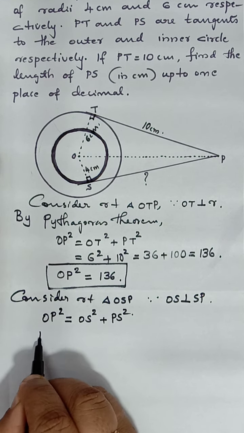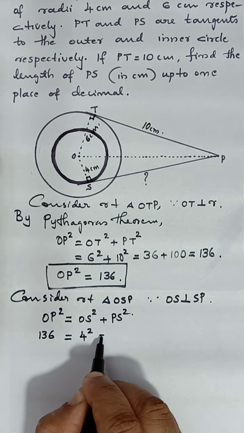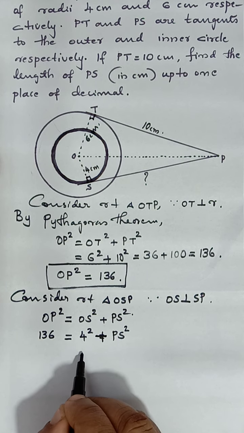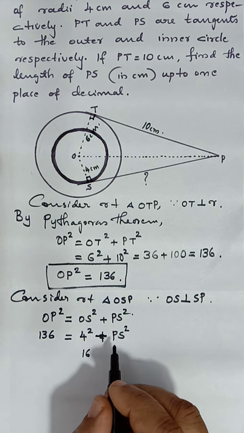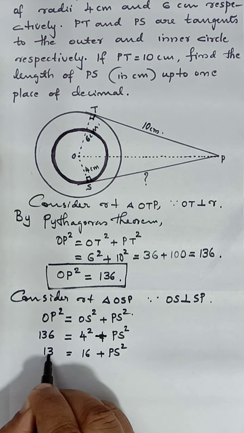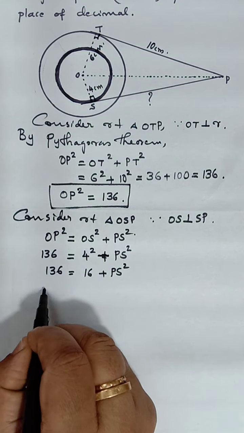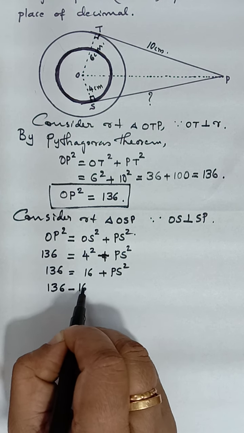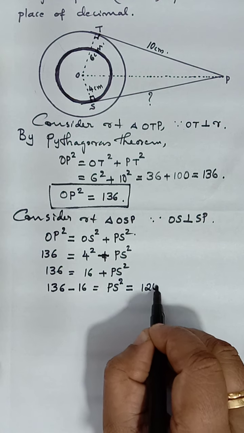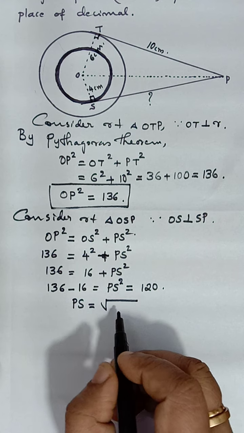OP square we have 136, we found out. OS square is 4 square plus PS square. 4 square is 16 plus PS square is equal to 136. Now what is PS square equal to? We have to subtract 136 minus 16, PS square is equal to 120. Therefore, PS is equal to square root of 120.